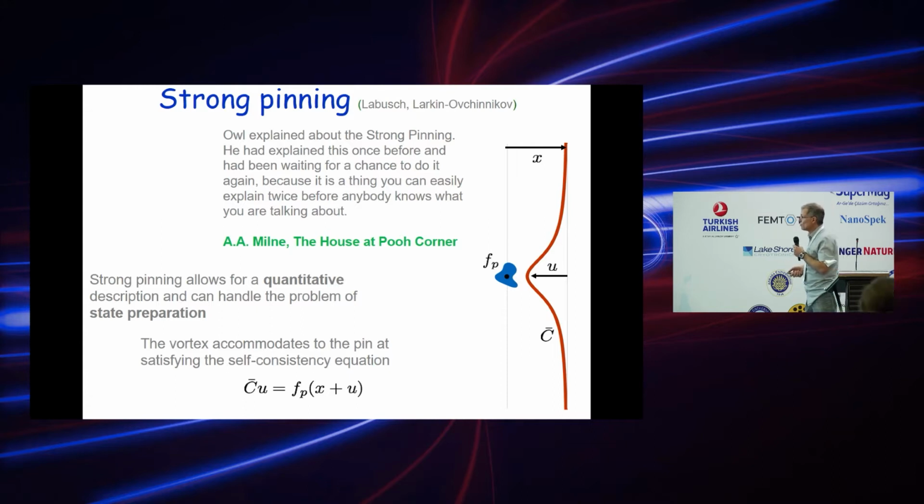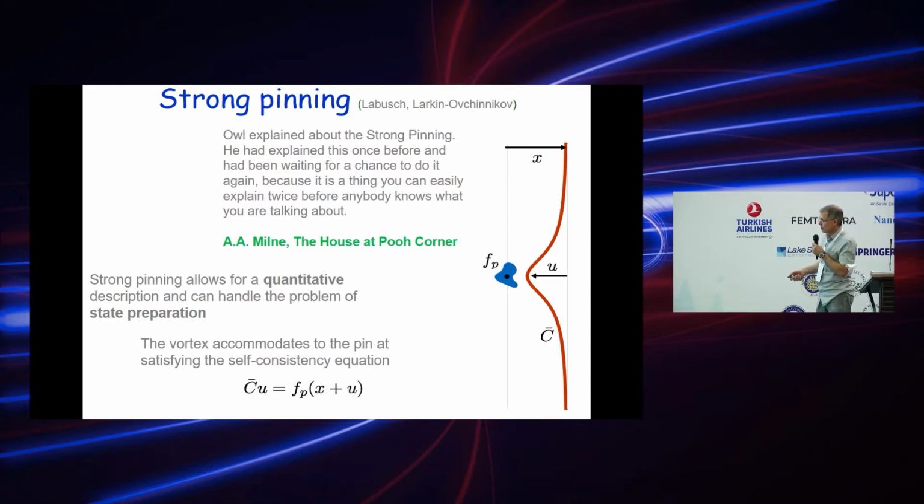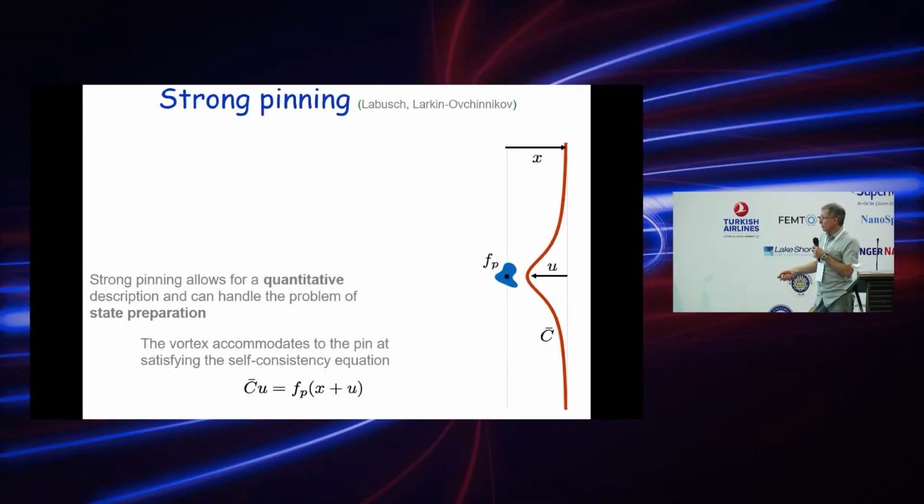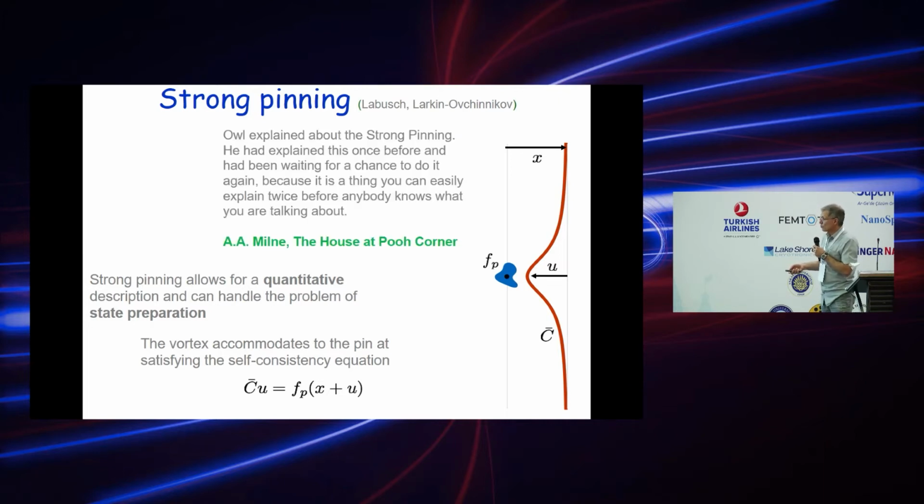So one assumes a low density of defects, then the displacement of the vortex is proportional to the force. So this is the equation which describes it, and this is a non-linear equation, so it's not so easy to solve.